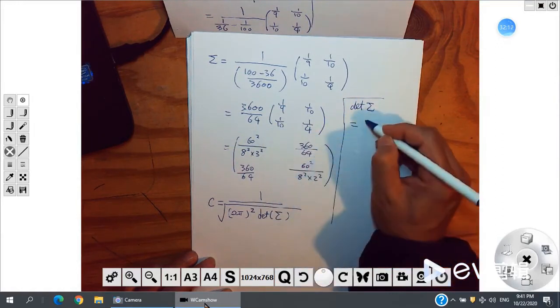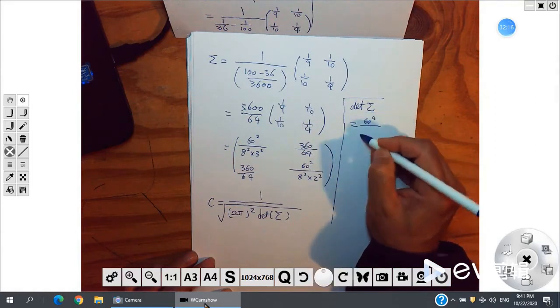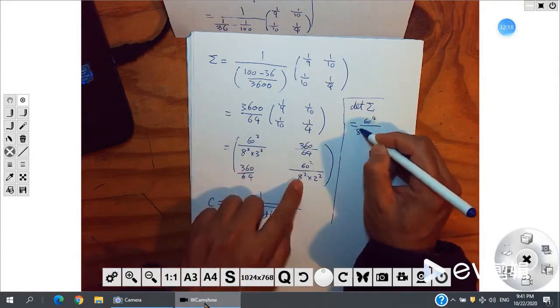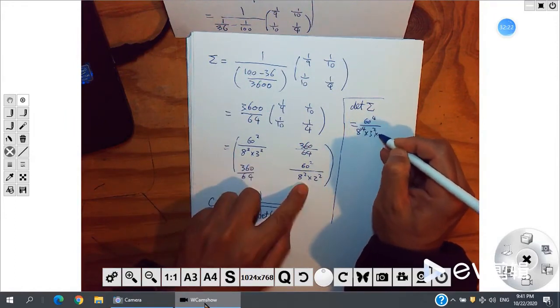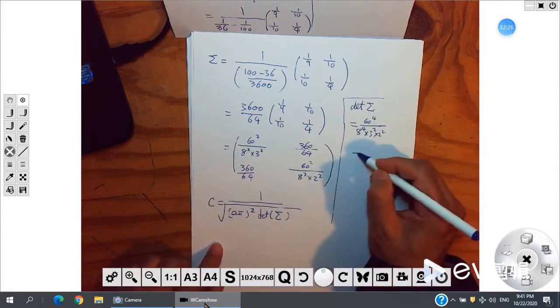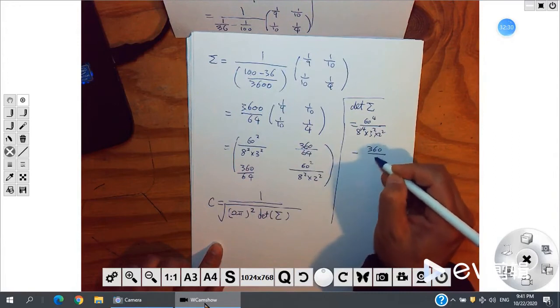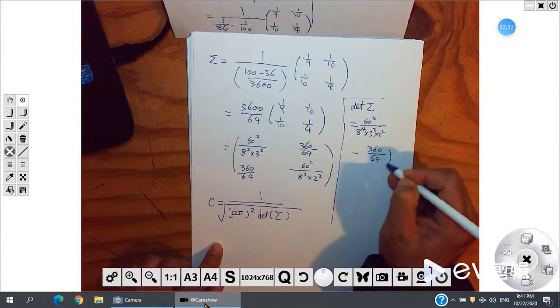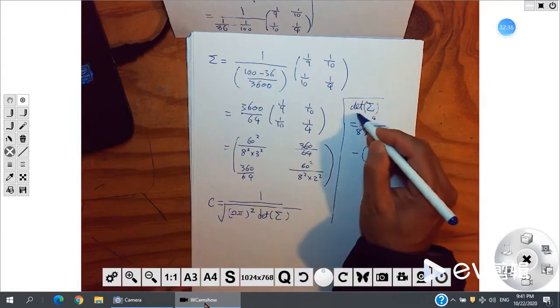So I have 60 square and square is 60 to the 4th over 8 to the 4th times 3 square times 2 square, right? This is this one times this one. Then minus this one times this one. So 360 over 64 times itself. We have determinant of sigma is this number.